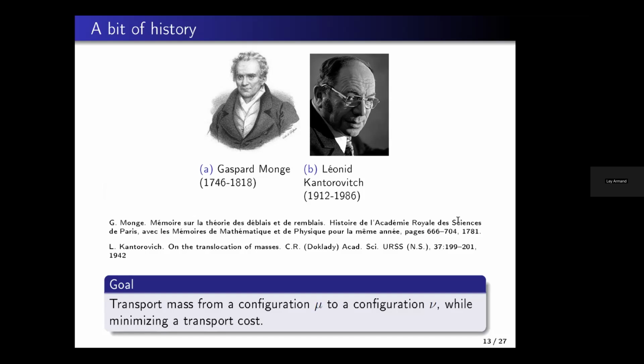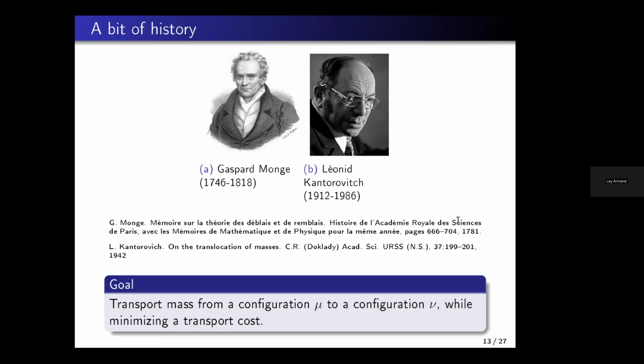So if you have a mass configuration given by a measure μ and a mass configuration given by a measure ν, you want to transport the mass given by μ to the mass given by ν. And we want to do it by minimizing the transport cost. You want the transport not to cost too much. You don't want to send it too far.